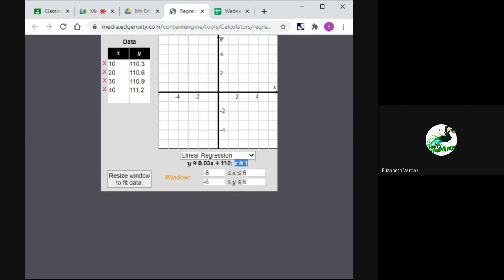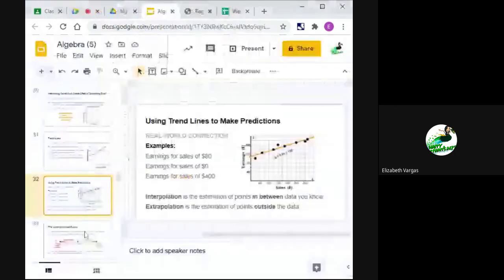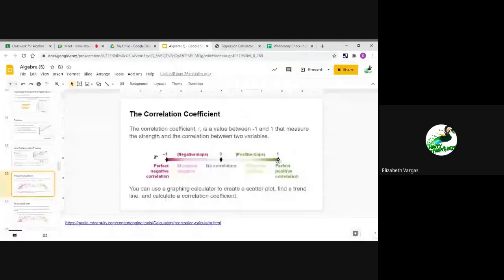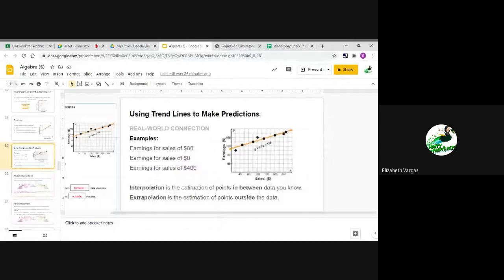But what does this correlation coefficient tell me? Well, as you can see here, when I have a positive 1, like I do here, I have a perfect positive correlation. So that tells me that my x and y values have a perfect positive correlation.